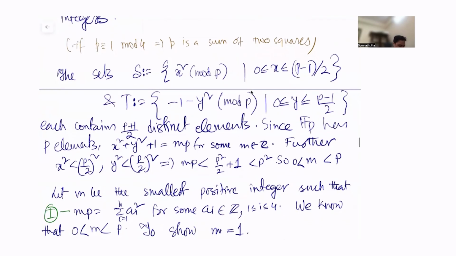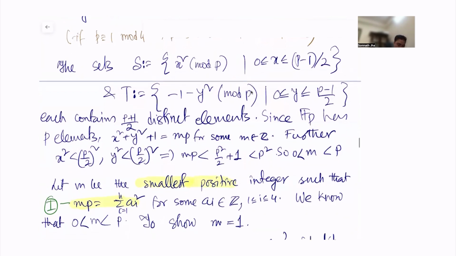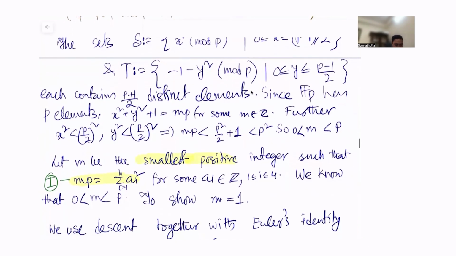So we know that 0 is less than m is less than p, and to show that m is equal to 1, we choose m to be the smallest. The claim is that m has to be equal to 1. If m is strictly greater than 1, then you produce another m prime such that m prime times p is also a sum of 4 squares.